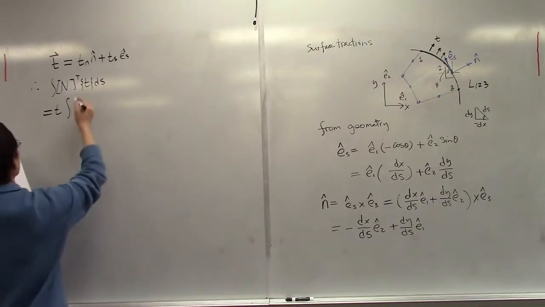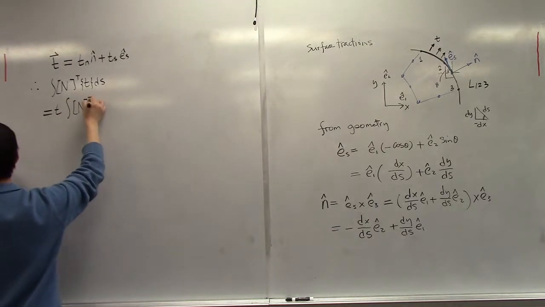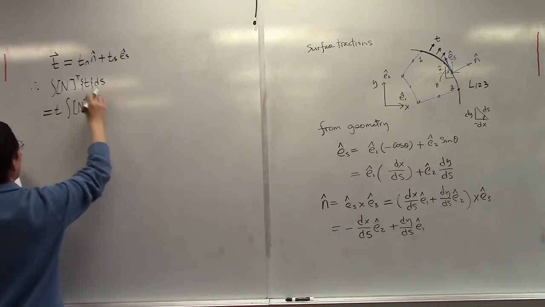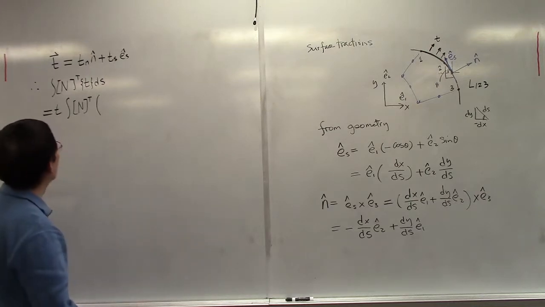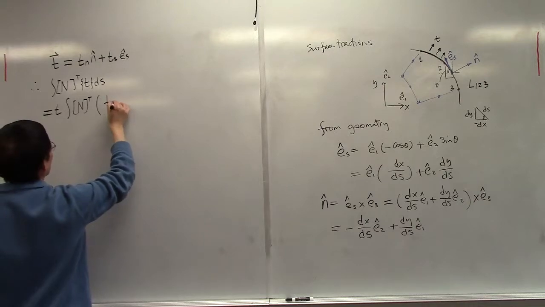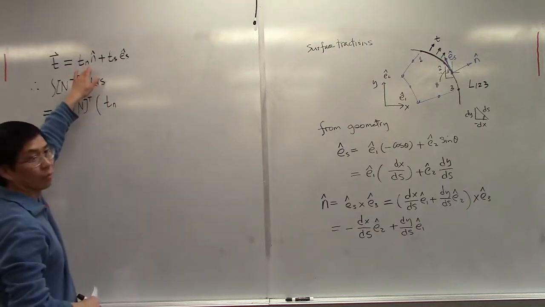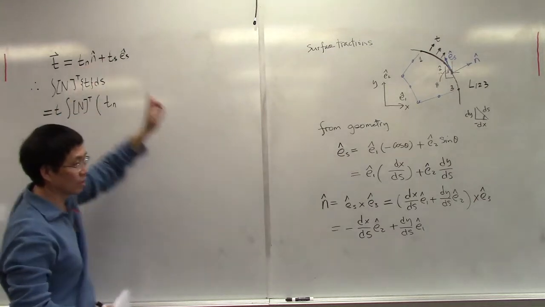Okay, and then now we still have this n transpose. Now we want to write this traction in matrix form. So we have Tn component, and the n is normal direction.